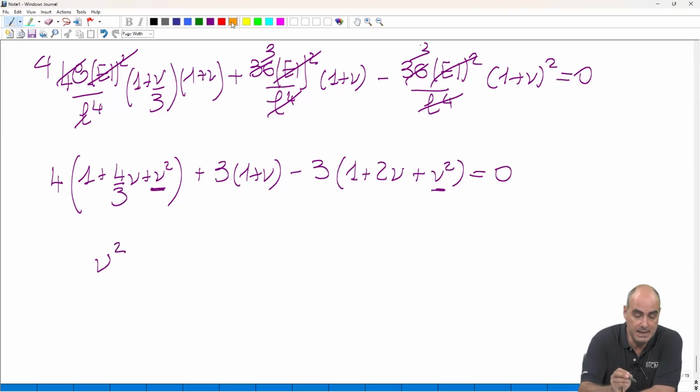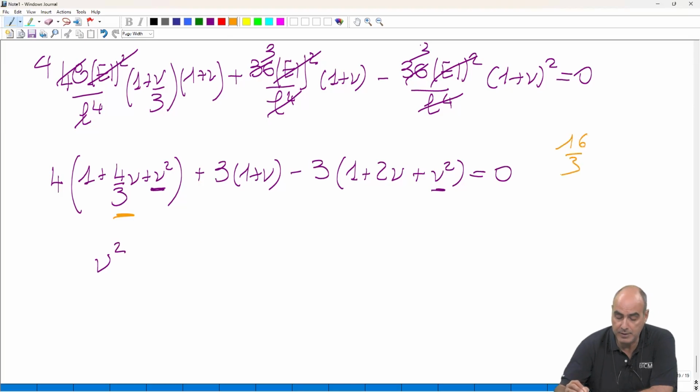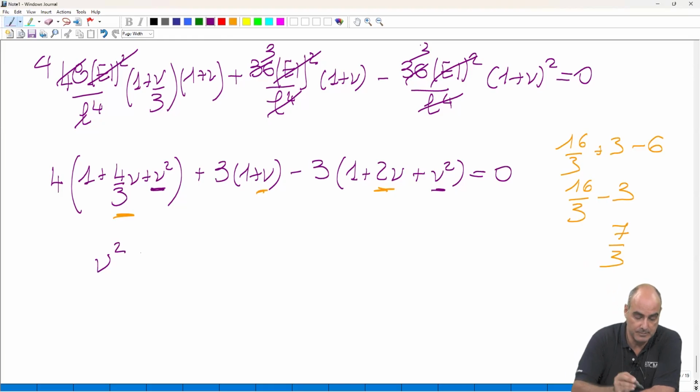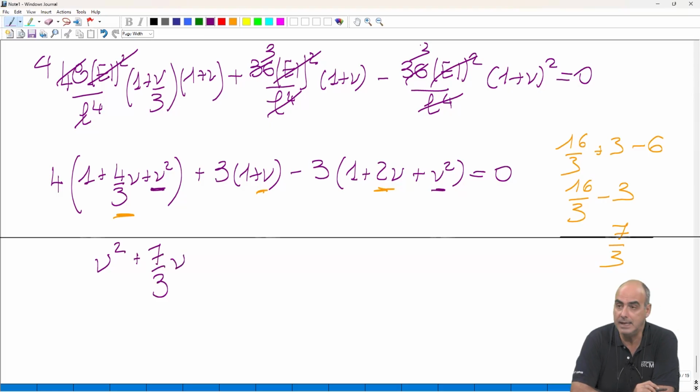What do we have in n? We have here 16 over 3, plus 3, and another one here, which is minus 6. So it's 16 over 3 minus 3. 3 times 3 is 9, 16 minus 9 is 7, so it's plus 7 over 3 n.